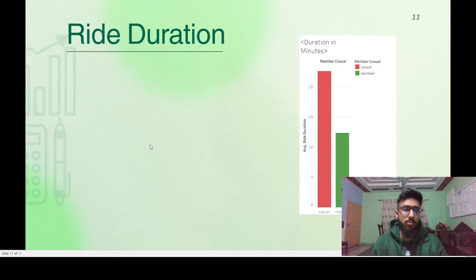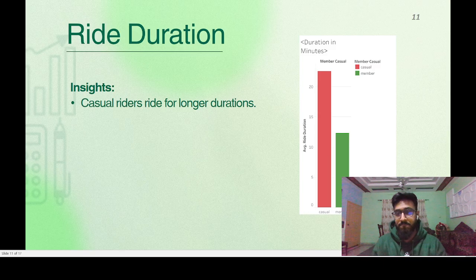Right. So next we can see the ride duration. The ride duration for the casual riders is a lot higher than for the membership riders. So casual rides are lasting longer than the membership rides.